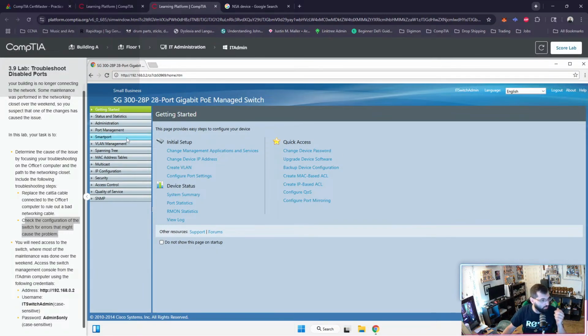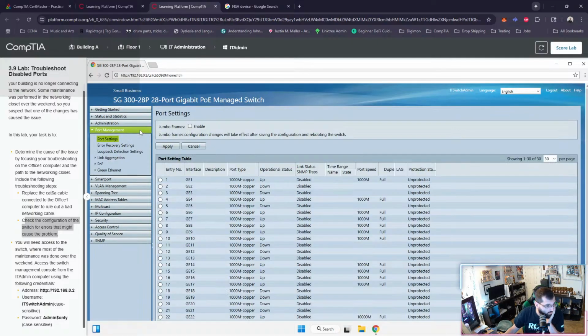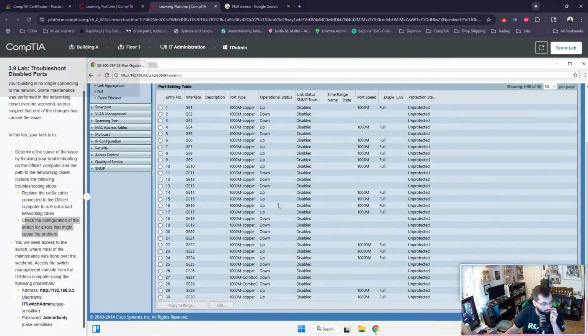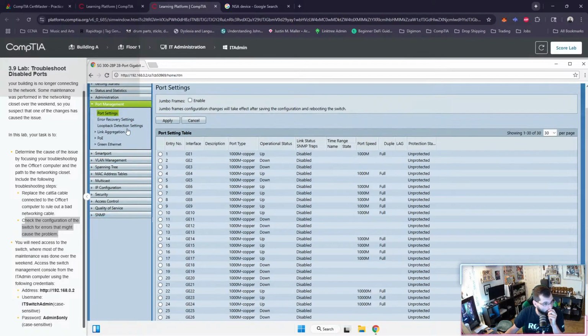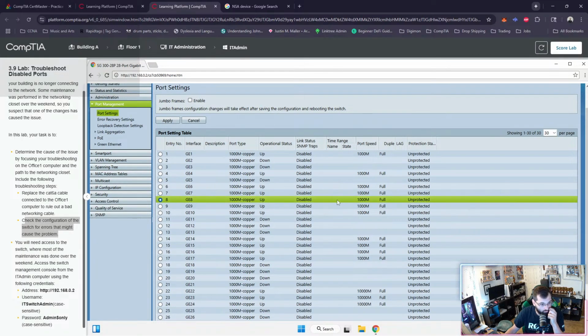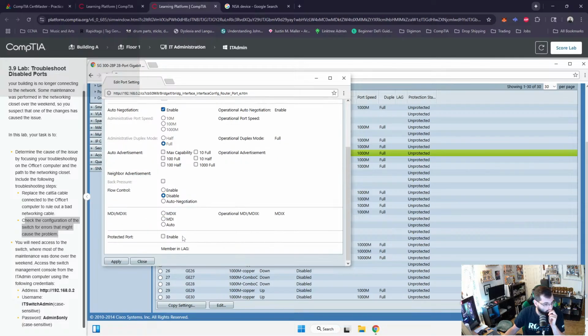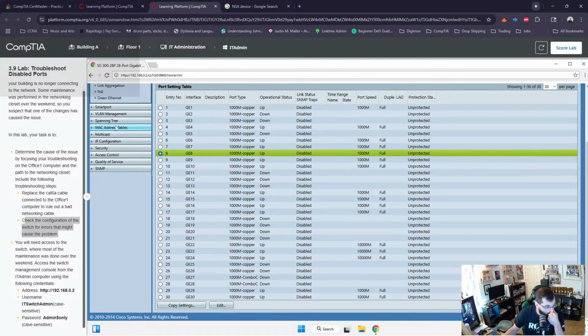Okay. I'm assuming I want to go to port management. Let's go to smart port.